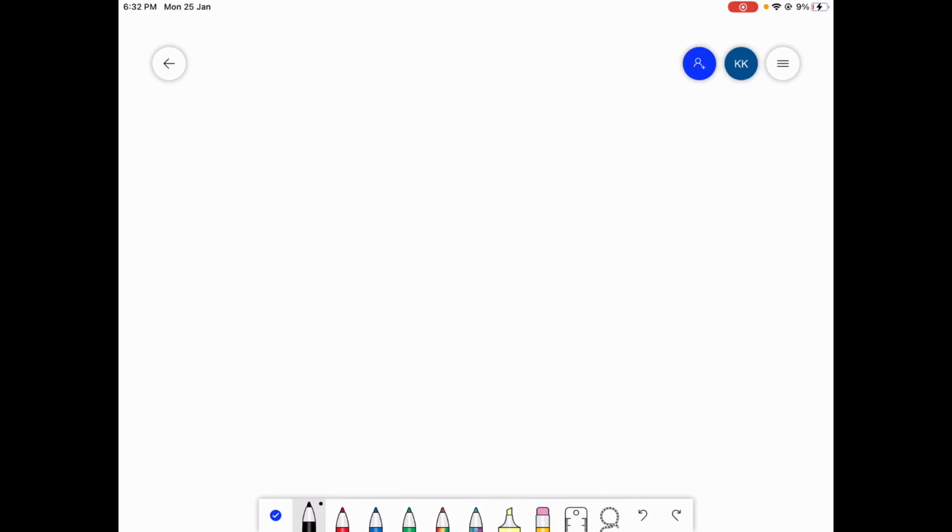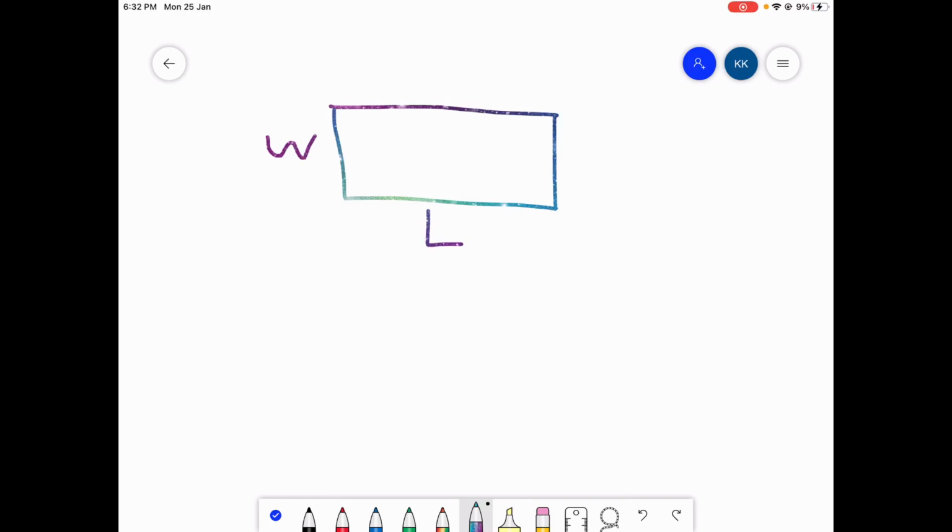Length times width is used for the rectangle. But in a triangle, rather than saying length times width, we say base and height.